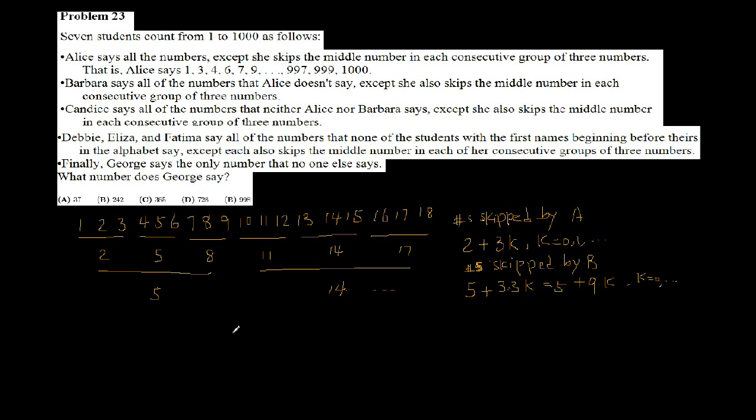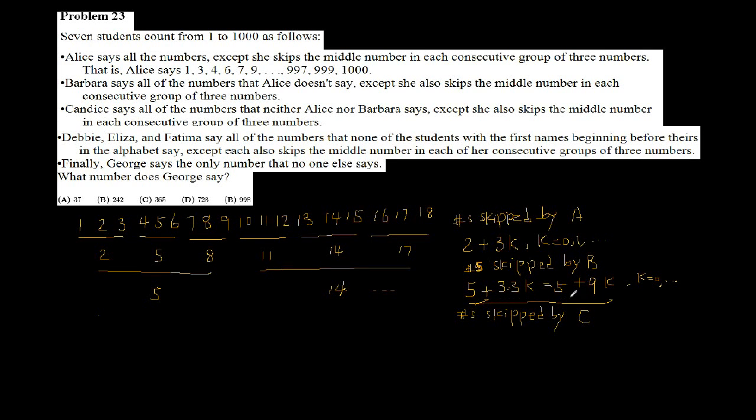And thinking along the same line, you're going to see the numbers skipped by student C. It's always the second number from the numbers skipped by B, right?